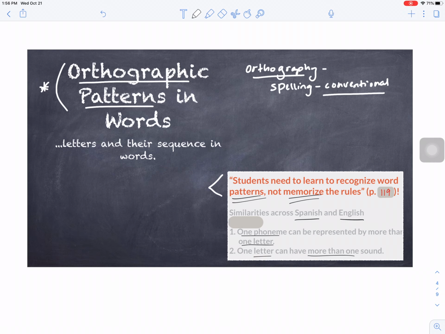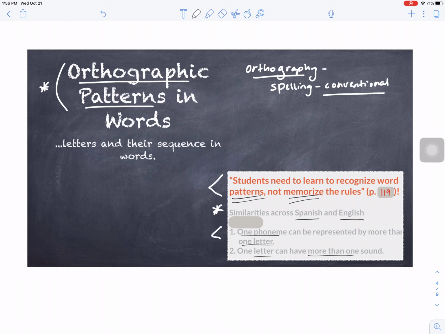This will really help them when they're thinking about the times when letters don't fit the pattern or the rule that we typically think they would. And this can happen in multiple languages. Your book talks about it from the perspective of English, obviously, and also Spanish, because there are so many Spanish speakers in the United States. And they give a couple of examples in your book.